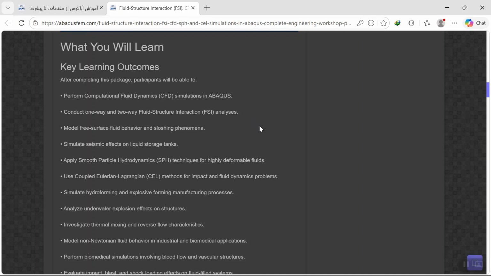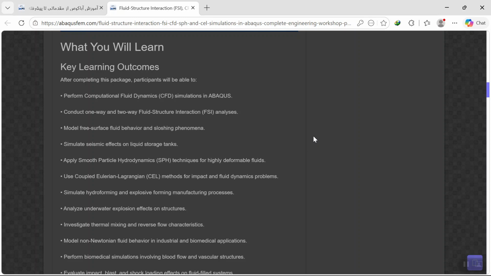Throughout this package, you will learn how to perform computational fluid dynamics, fluid structure interaction analysis, smooth particle hydrodynamics, coupled Eulerian Lagrangian, and many other models.